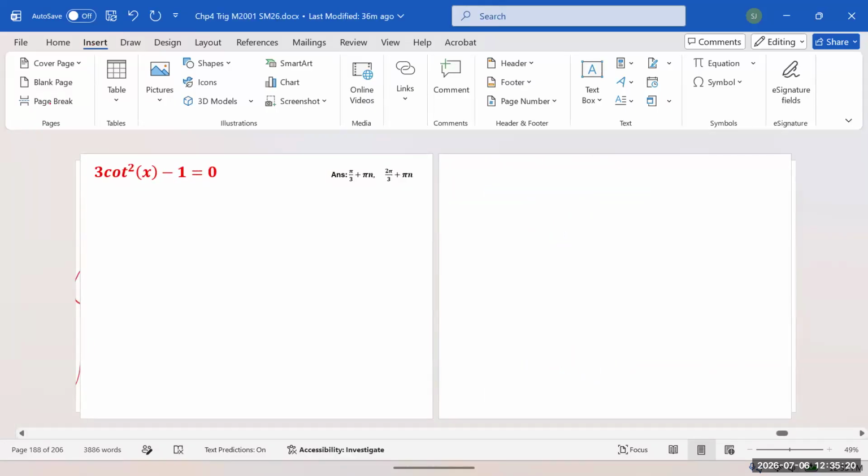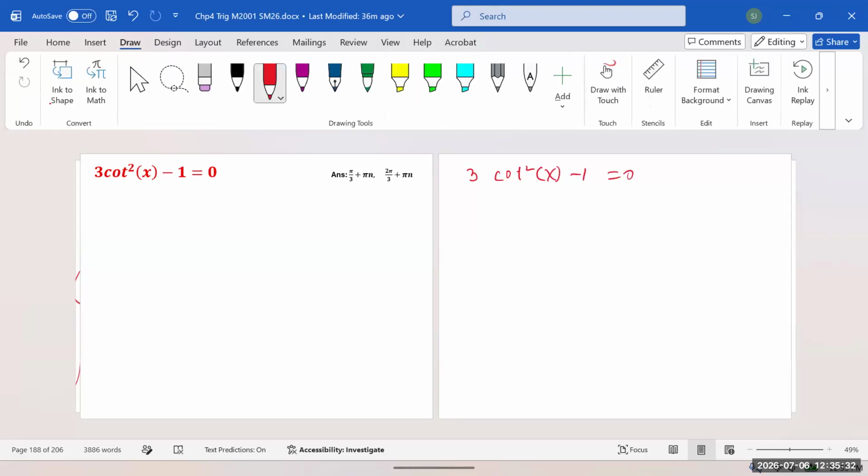Okay, so 3 cotangent square x - 1 equals 0. Step 1, move 1 to the other side. So we're going to add 1 to both sides. Or you can use the identity, but we cannot use it here because of the 3.